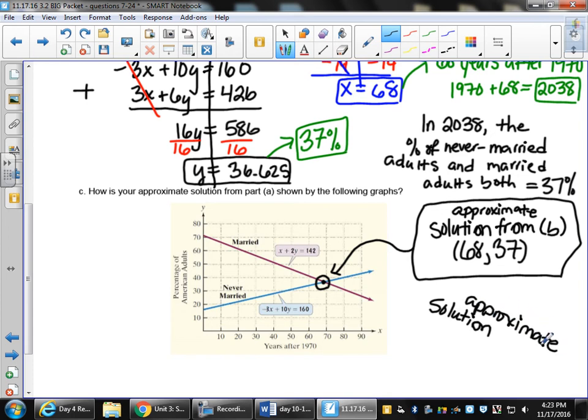Approximate solution from B matches the point of intersection on the graph.